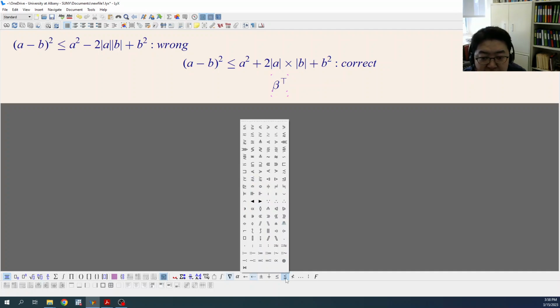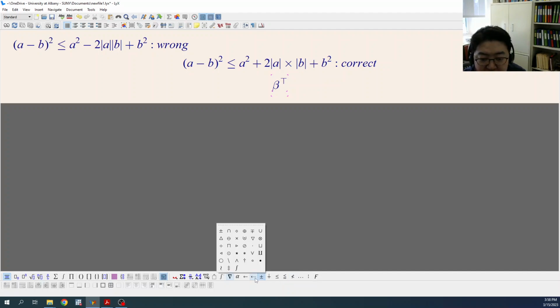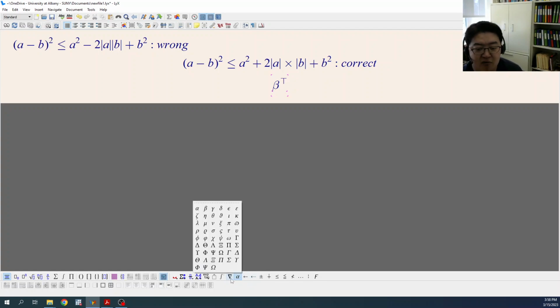If you look through these panels, somewhere there must be. I give up. Maybe not here. I could not find it. Oh, this one. Yeah, this is the notation I use for transposition.